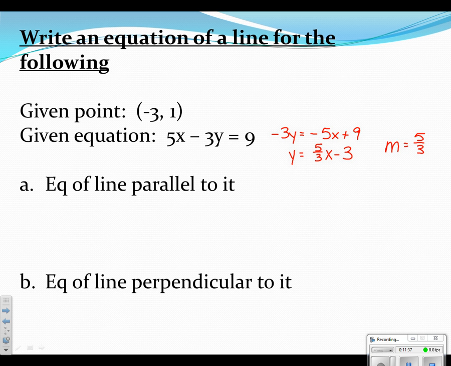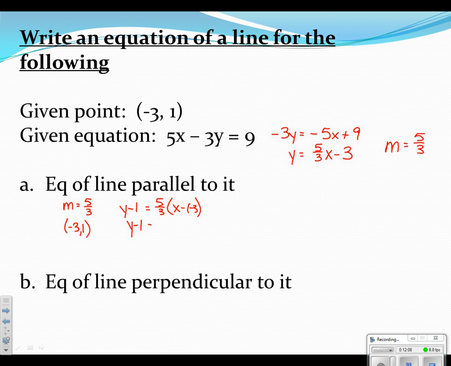Okay, so if the equation of the line is going to be parallel, I want to use that same slope again. But I want it to pass through the point negative 3, 1, instead of through points that go through that given equation from up above. So using the information that we have, plugging it into the point slope form, y minus 1 equals slope times x minus a negative 3.